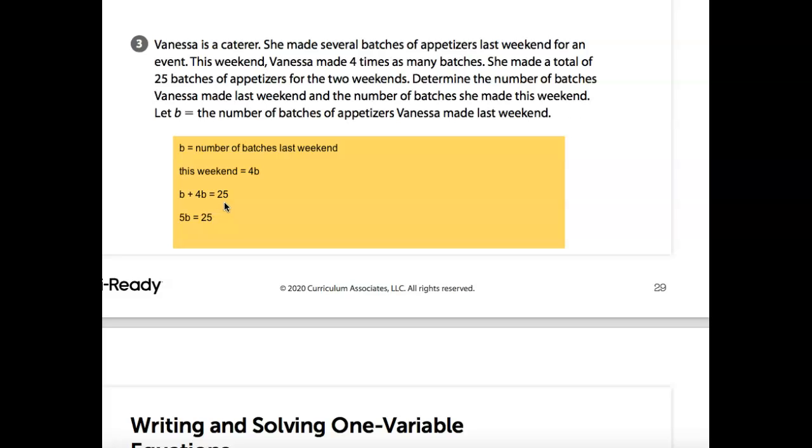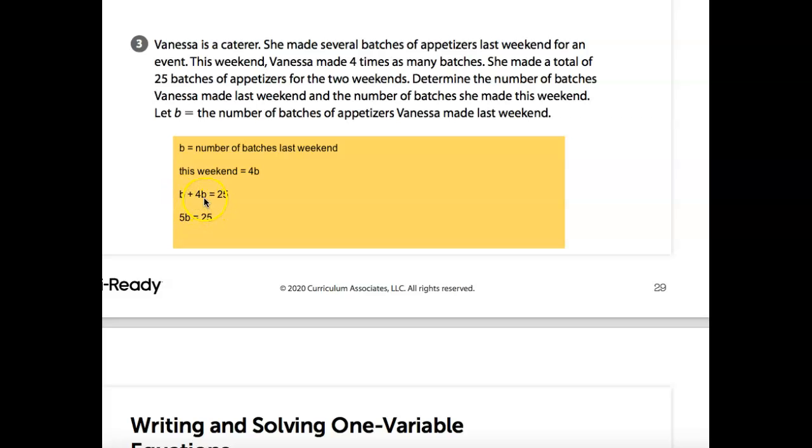So we've got B, last weekend's batches, plus 4B, this weekend's batches, and we're told that it equals 25. So B plus 4B equals 25.